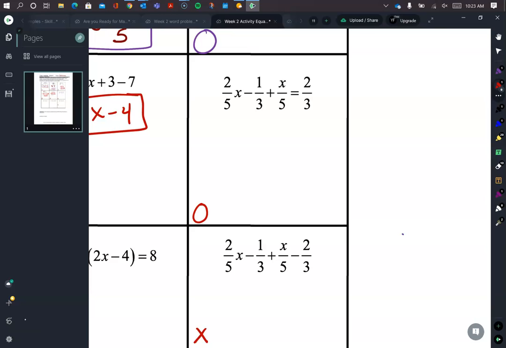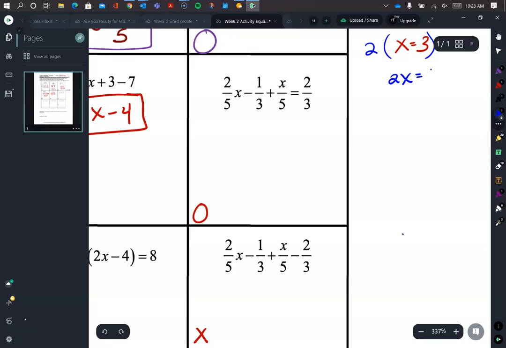So for this, if I had something that said x equals 3, for instance, if I multiplied that whole thing, if I doubled everything, or doubled both sides, you could even say, that would be 2x equals 6. Do you agree with that?